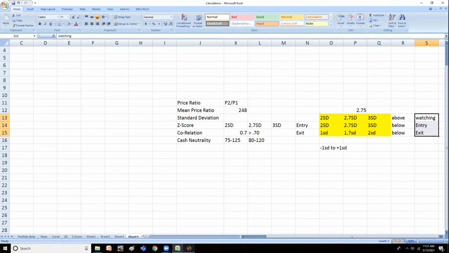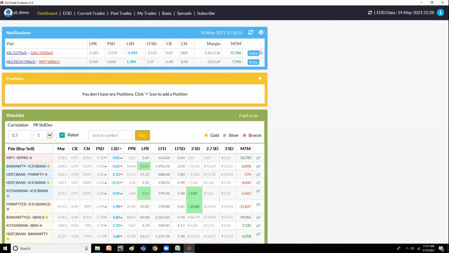So here if you see, it is showing as entry because the previous day it was 2.13. Now it has come below 2 standard deviation, so it is showing as entry. Here also it was 2.06. Now it is at 1.78. We are taking that as an entry. If it was reverse, then it would have shown watching. Here it is a 2 SD entry.